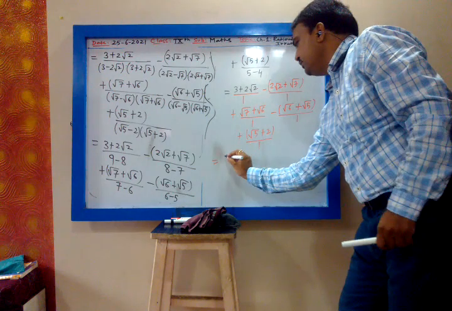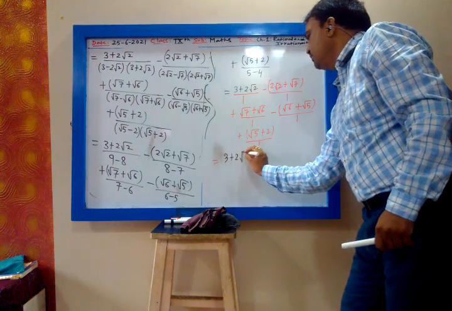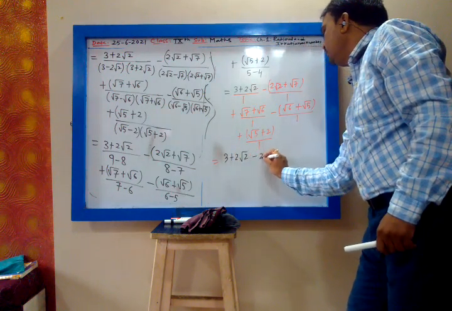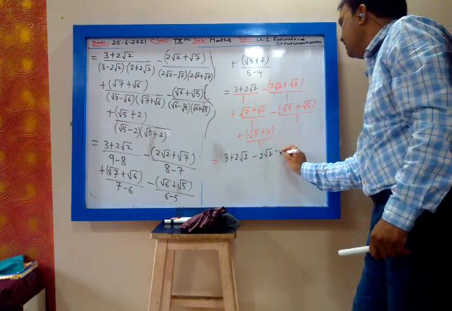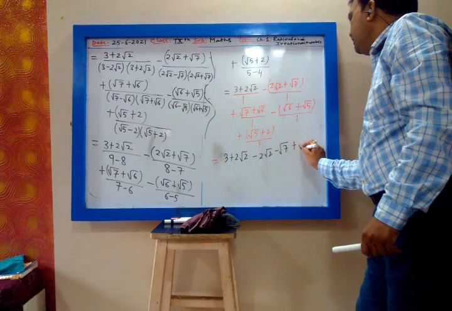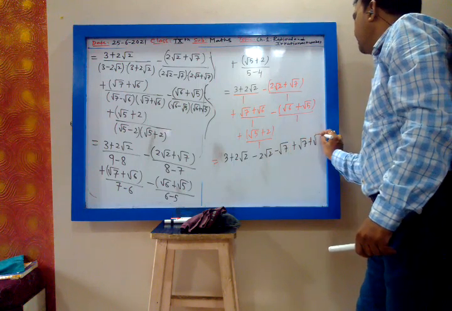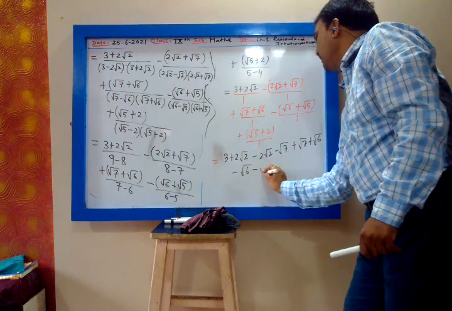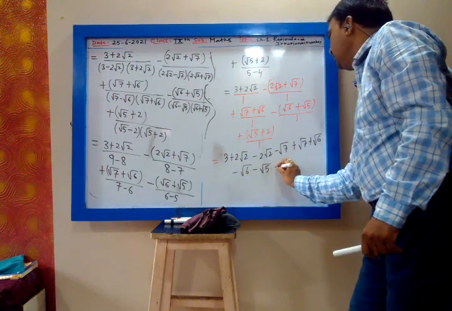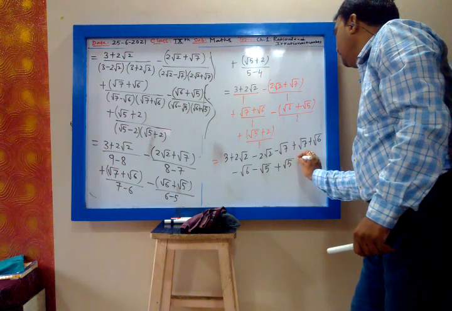Numerator will be 3 plus 2 root 2 minus 2 root 2, open the bracket, minus plus minus root 7 plus root 7 plus root 6, then minus root 6 minus root 5, then plus root 5 plus 2.